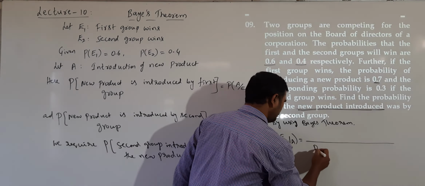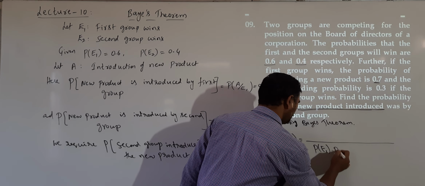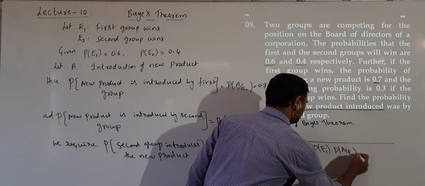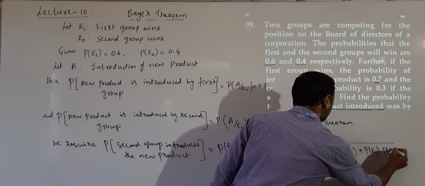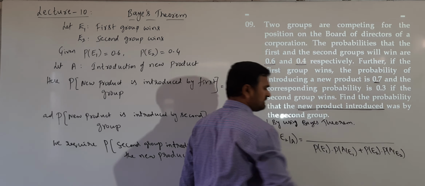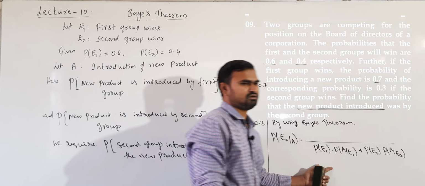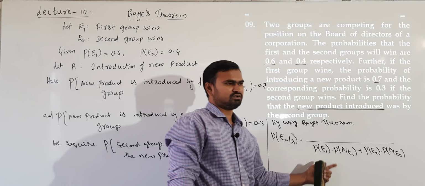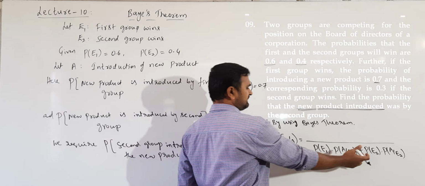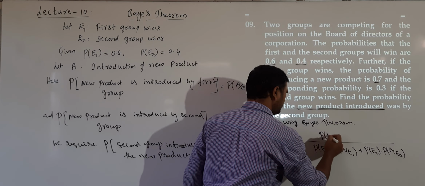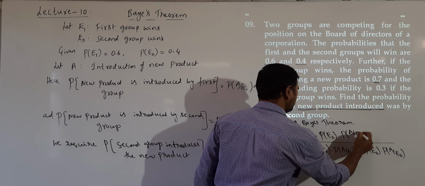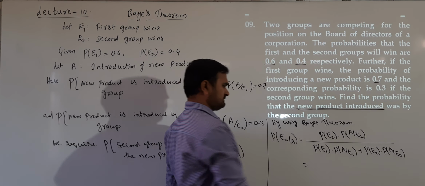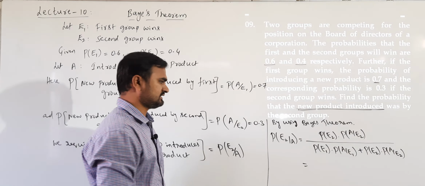It may have happened in E1, P of E1 into P of A given E1, or second case, P of E2 into P of A given E2. So these are the two possibilities. Out of this, we are interested in the second case, so write it in the numerator: P of E2 into P of A given E2. Substitute and simplify, we will get the answer.